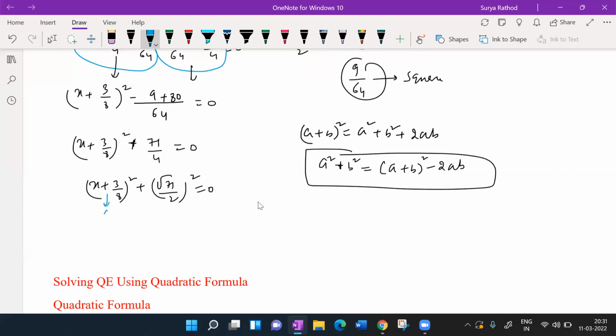This is my a, this is my b. So a plus b whole square minus 2 times a into b is equal to 0.